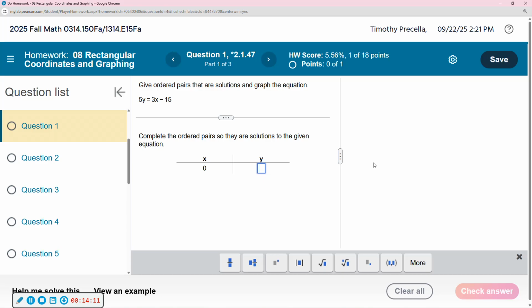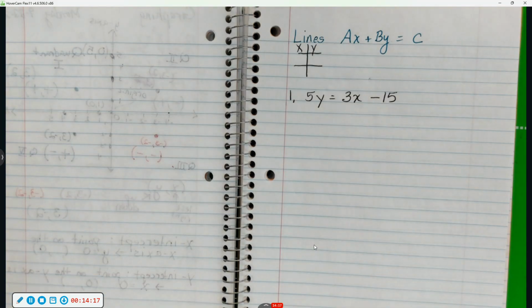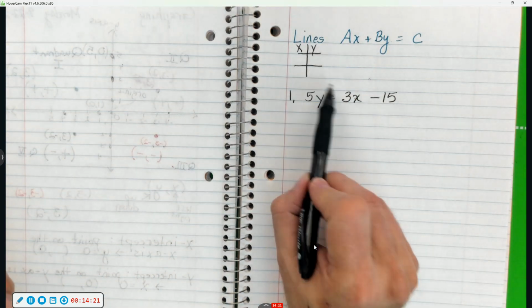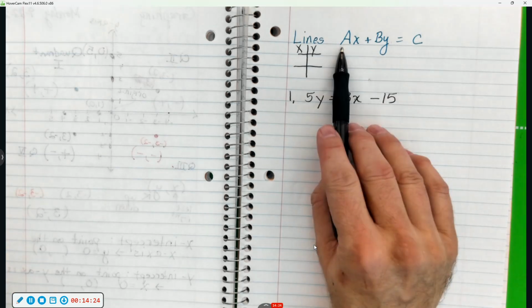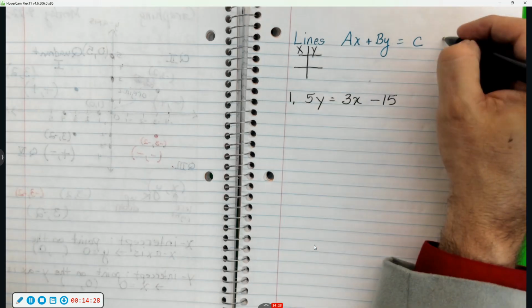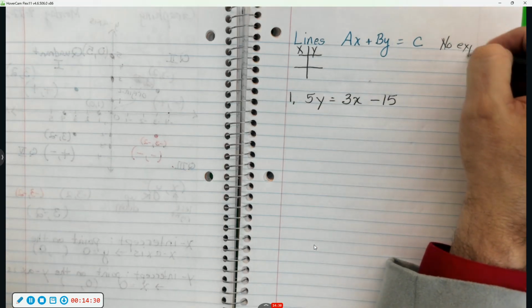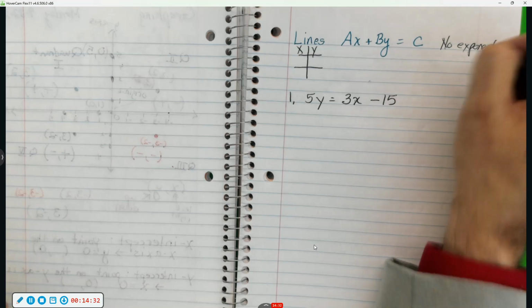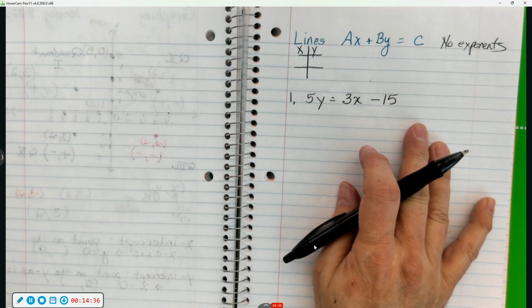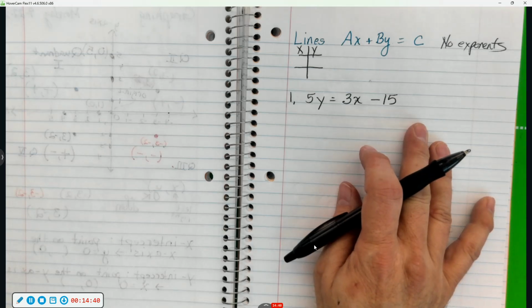If you wanted it in that form, then what would you need to do? You would need to move the x over here. But as long as it can be written like that, it's a line. The important thing, no exponents. Is our problem number 1 a line? Yes. No exponents, no x squared or y squared.